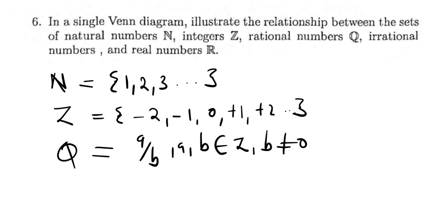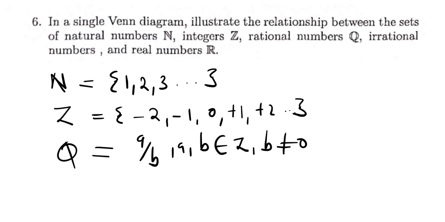Why? Because when B becomes 0, the function becomes undefined. So this includes all integers. So it's very important. Fractions, in simpler terms.